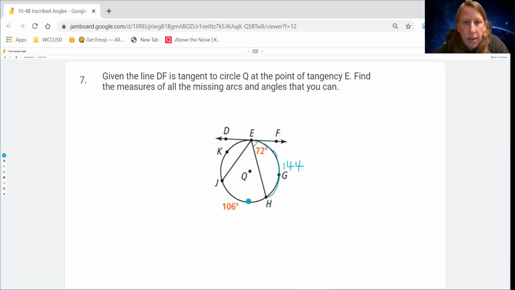This time I think that I will see this inscribed angle right here, and I'll do half. Okay, what's half of the intercepted arc? Half 106 is 53. Because half of 100 is 50, half of 6 is 3. So 53.